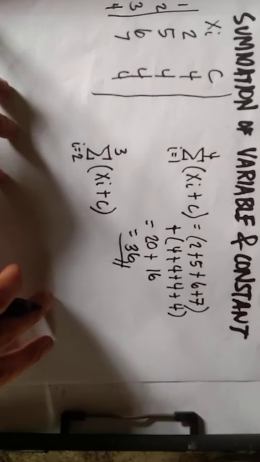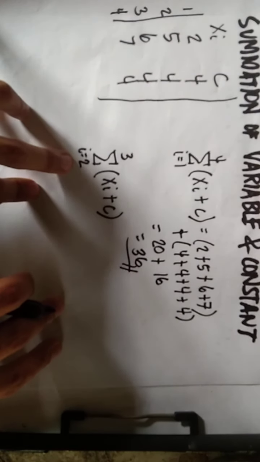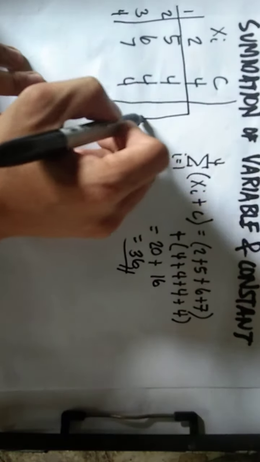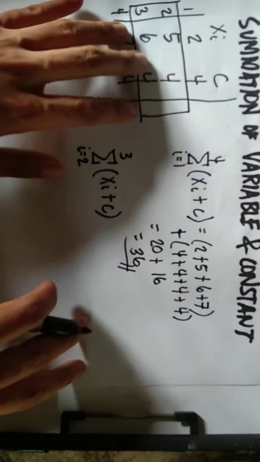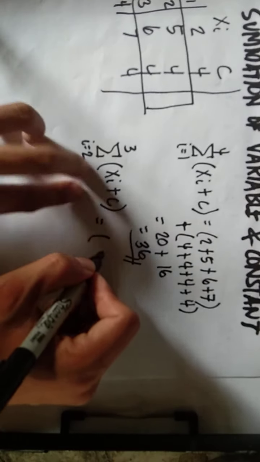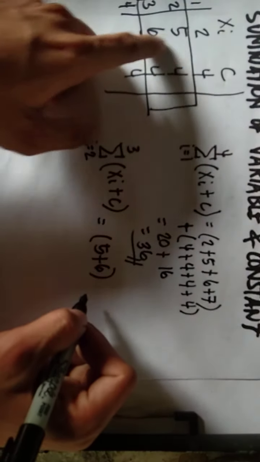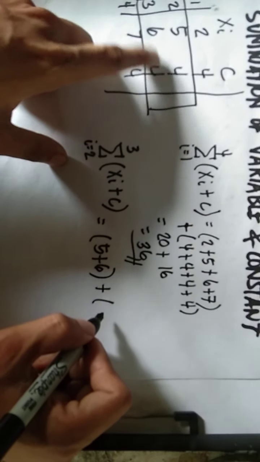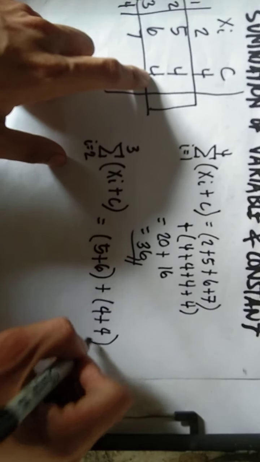And for our second example naman, ang kukunin lang natin is yung mula 2 hanggang 3. So, ito yung part na yon. So, ito yung ating isosolve. So, magkakaroon tayo ng variables muna, 5 plus 6, ito yun, 2 hanggang 3, and then, lagay natin yung ating constant, which is 4 plus 4.